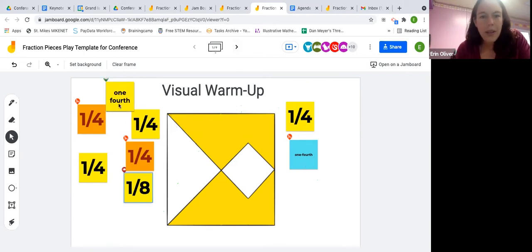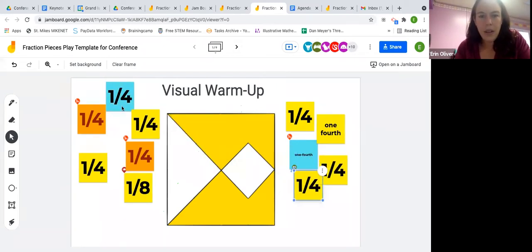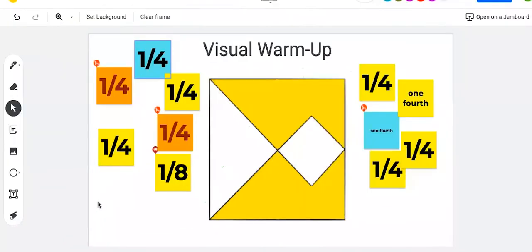Someone who said that this is 1/4, are you willing to talk about how you saw it? How did you get to that 1/4? So in my head, okay, so you have the white triangle on the left side, and then on the right, you have that square.